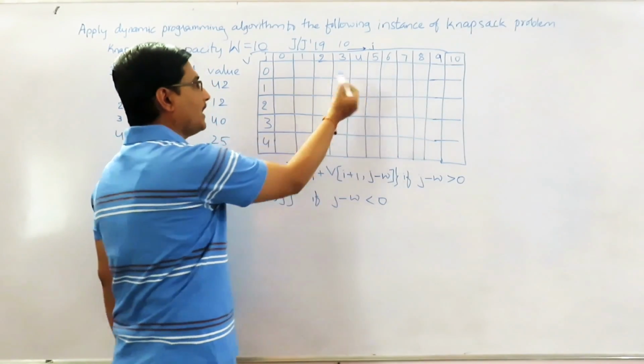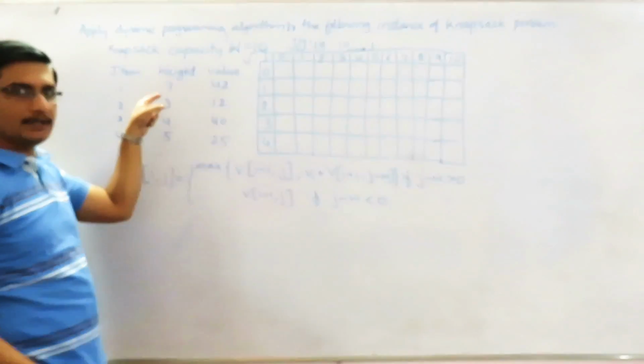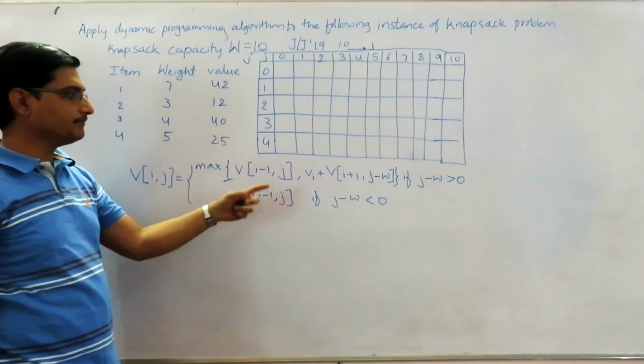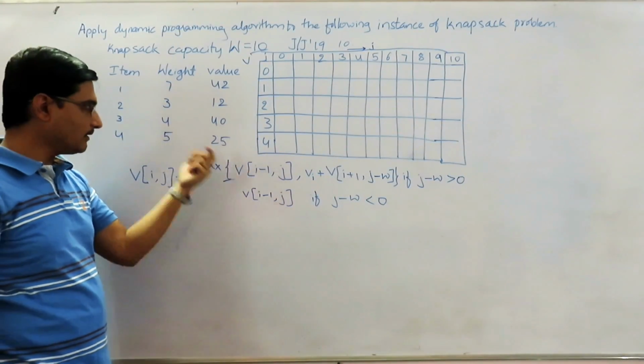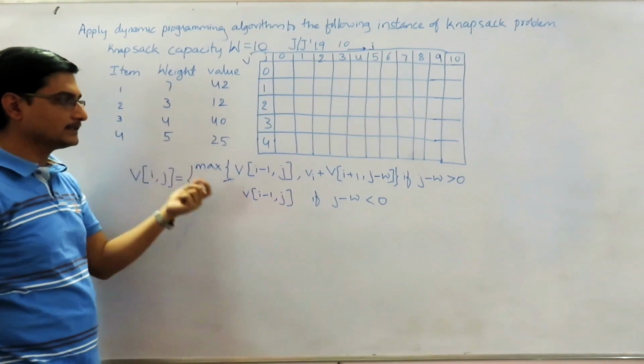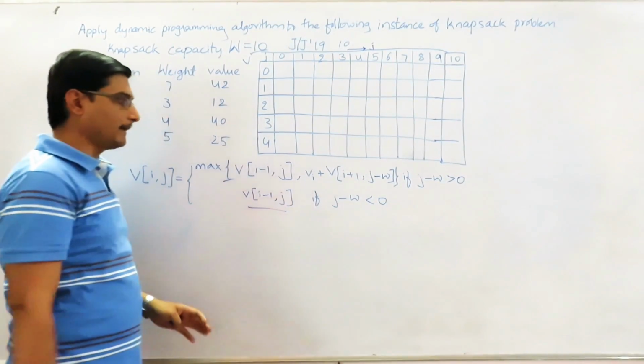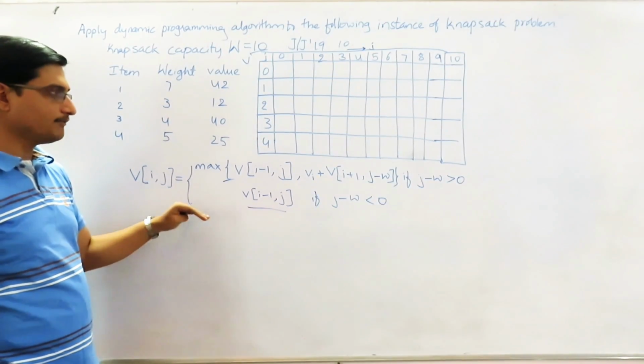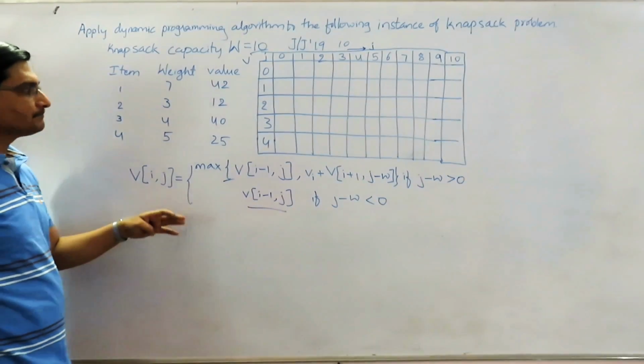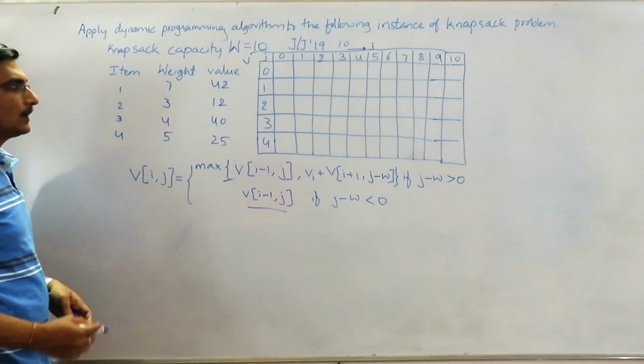If this j minus the weight is greater than 0, we will go for this option. Otherwise, we will go for the previous entry. So without going for this formula, directly we can also solve this.